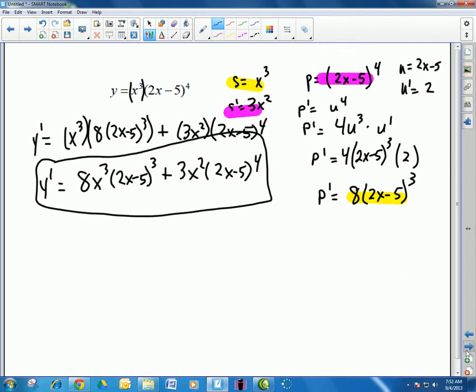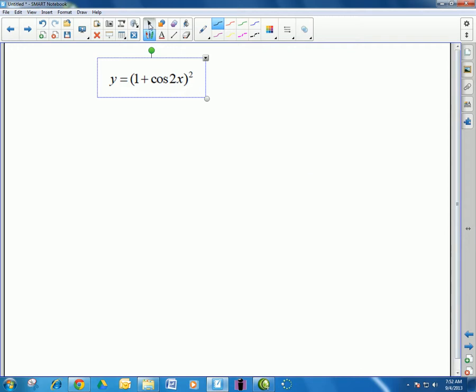And there is one more problem, and this is where what's called the power chain rule comes into effect, because you notice you're going to have to use the chain rule twice. Okay? So we can use u.